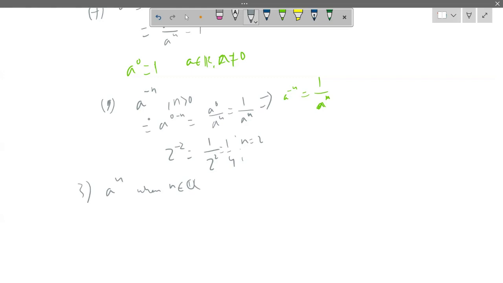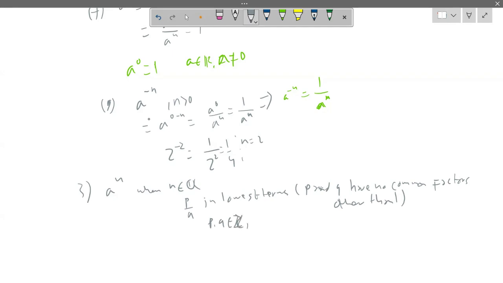Recall that a rational number is any number of the form p over q, so a fraction, where this is in lowest terms, meaning that p and q have no common factors other than 1, and p and q are both integers, and q is not equal to 0.